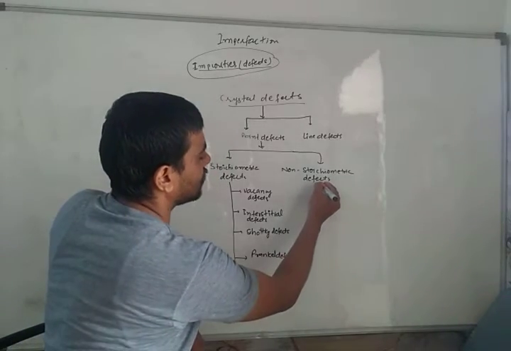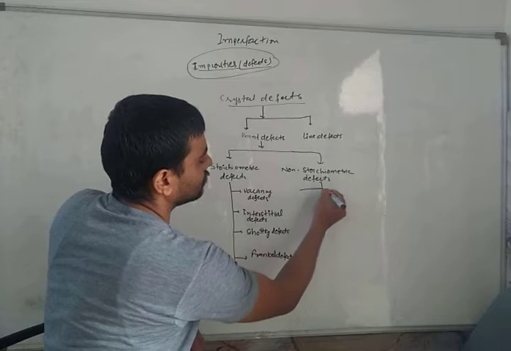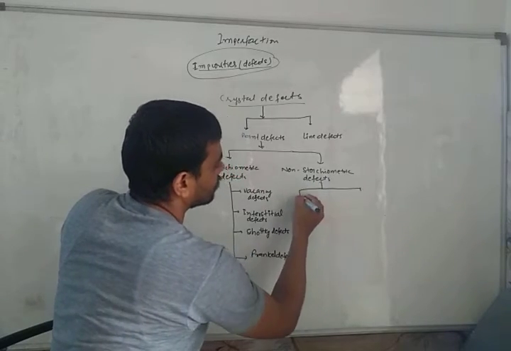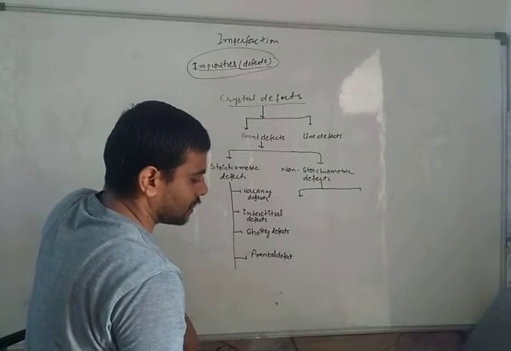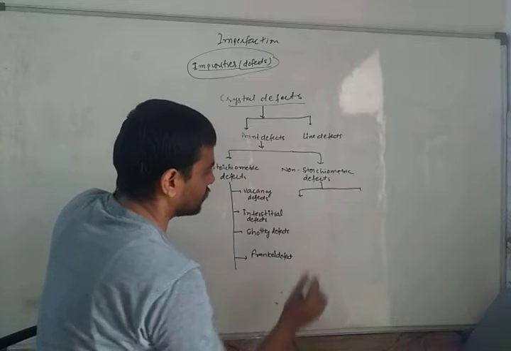Non-stoichiometric defects are of two types: metal excess defect or metal deficiency defect.